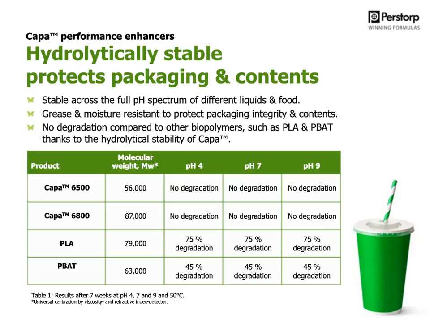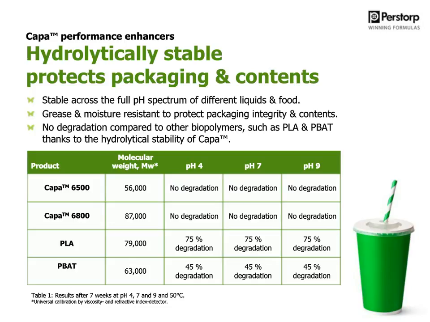And here we have tested two of the most commonly used product grades, the Capa 6500 and the Capa 6800, and compared them to a similar polymer, PBAT, but also with a biopolymer, PLA, which is commonly used in the field of packaging. And it has been tested at a temperature of 50 degrees at 3 different pH values.